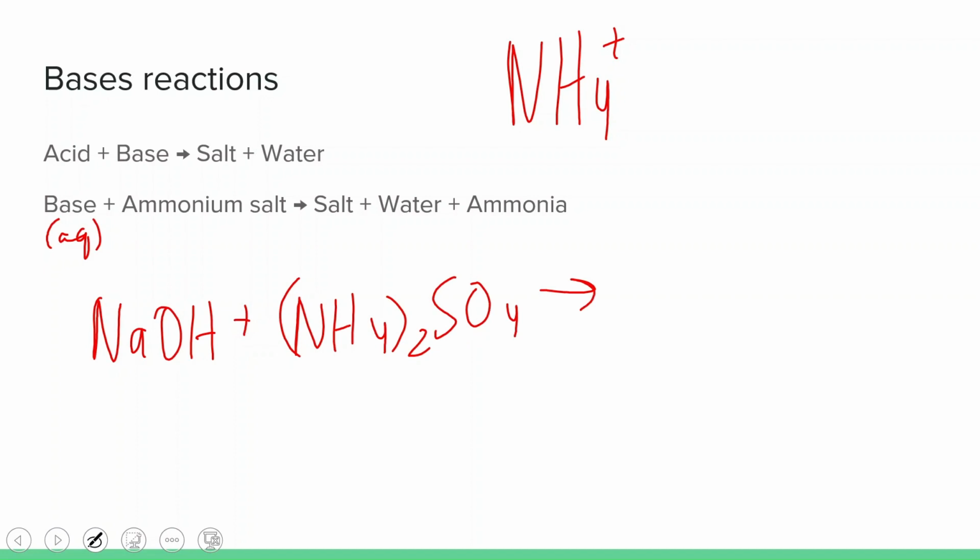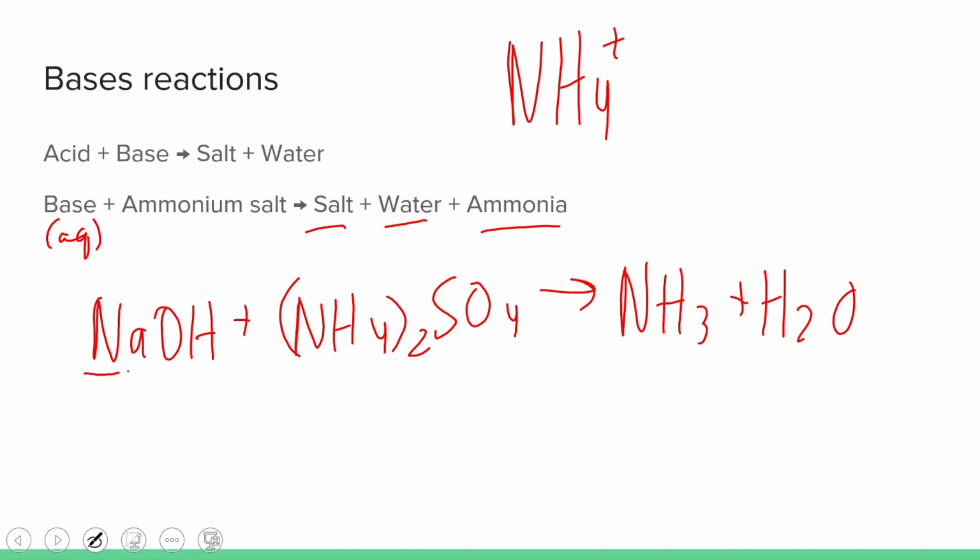This will give us a salt, water, and ammonia. Ammonia is NH3, that's the gas. Water is H2O, so that's the easy part. The salt is going to be sodium sulfate, Na2SO4. Those are the 5 reactions that we need to know of. Technically, it's 4 reactions. That's it for acid and base reactions.